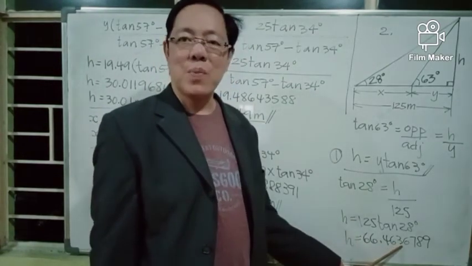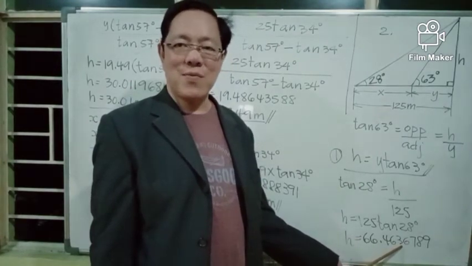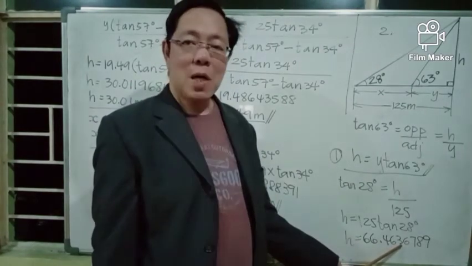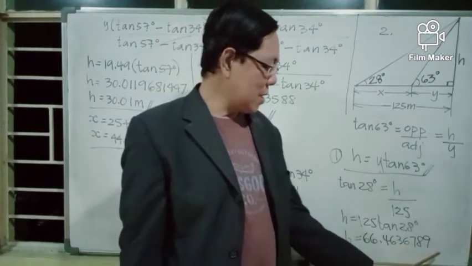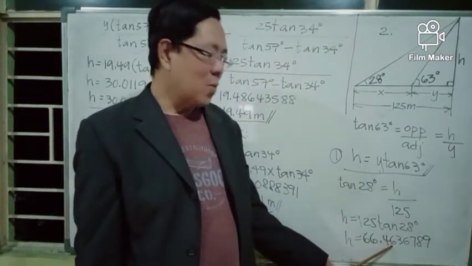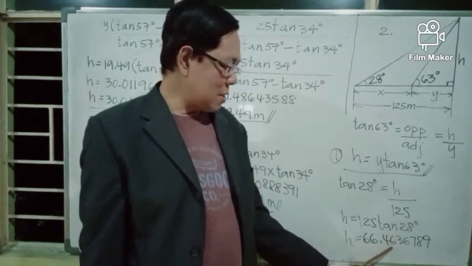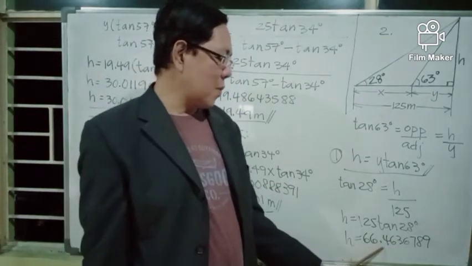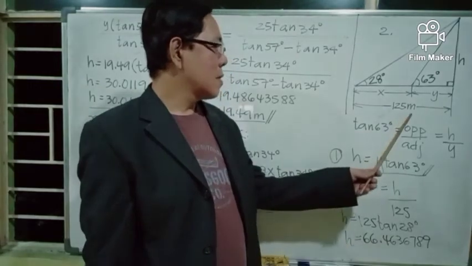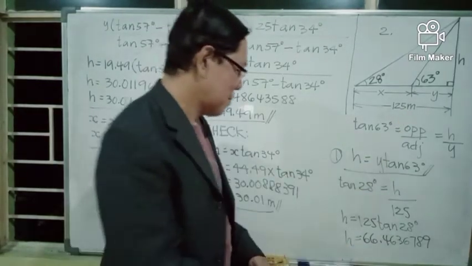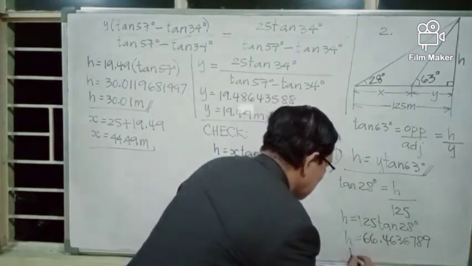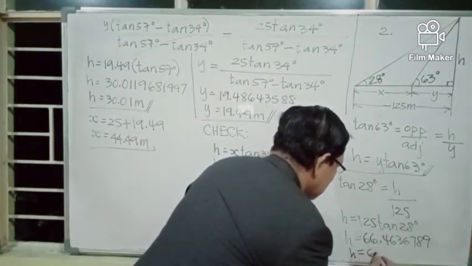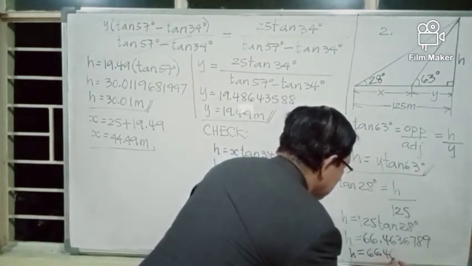The number to be dropped is 3, but it is less than 5. So we simply drop 3 and all the digits to its right, and we do not add 1 to the preceding digit 6. Hence, the final value of h is 66.46 meters.